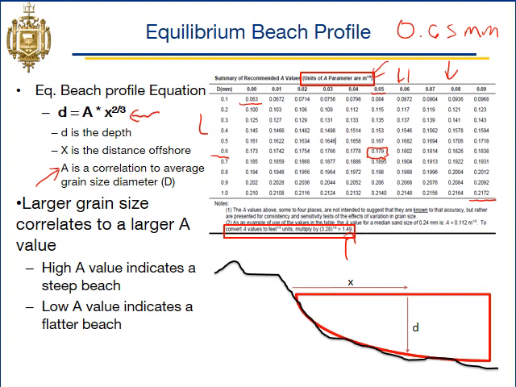If A is larger, then D is larger given the same X. So we have a steeper beach with large sand grains versus a flatter beach with small sand grains. And that's what we saw on that early slide: the sandy beach was nice and flat, and the super rocky beach was very steep. So this correlates nicely with what we have seen in real life.